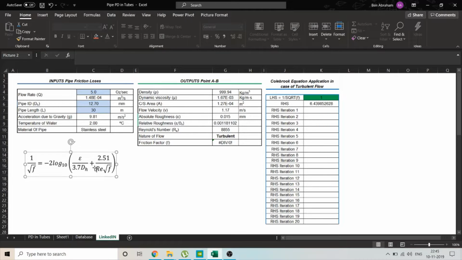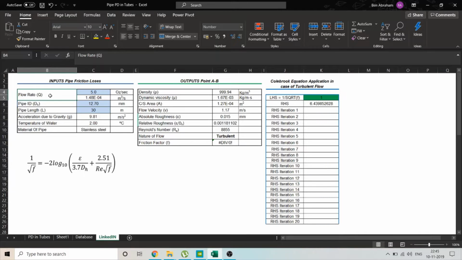of refrigerants. And for that you'll need some basic inputs, which I have described here under the inputs, pipe friction losses. So we have a flow rate of water, and the flow rate is 5 ounces a second. I've just converted that to a cubic meter per second value. I also know the diameter of the pipe carrying this water at this flow rate.